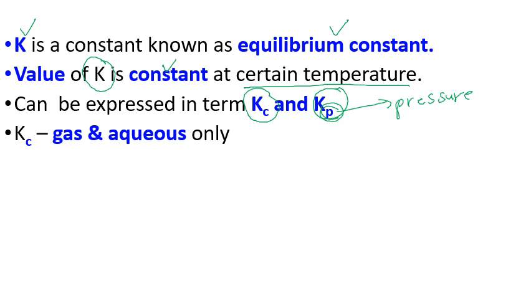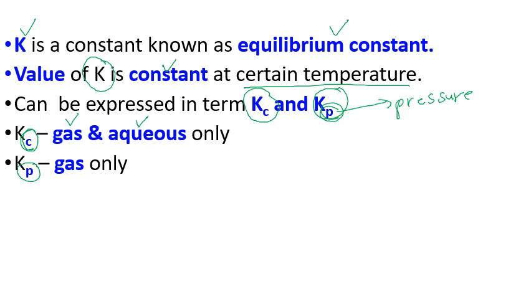Because C stands for concentration, we can measure the concentration of gas, and we also can measure the concentration of aqueous. So if you are given an equation, only gases and aqueous substances will appear in the Kc expression. While for the Kp, P stands for pressure.